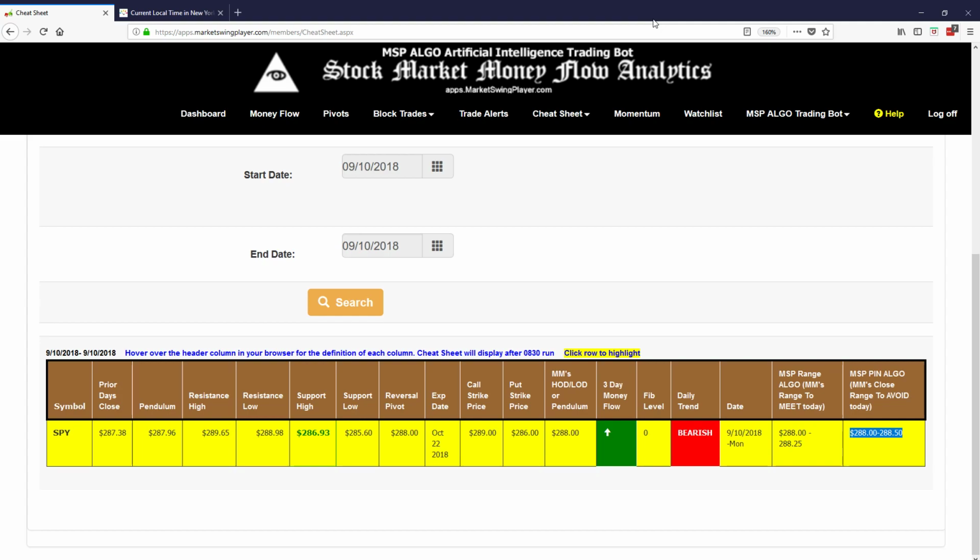In this particular case, it did get adjusted, and it closed a little bit in that range, but it gives you a gauge.